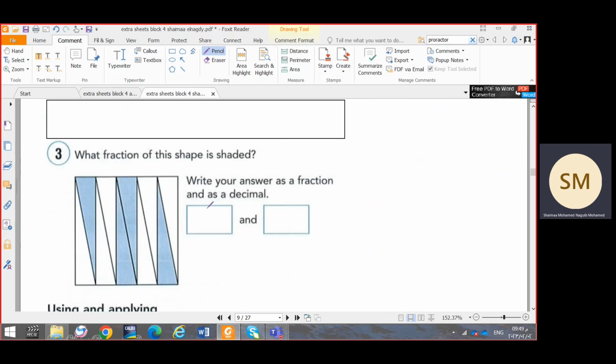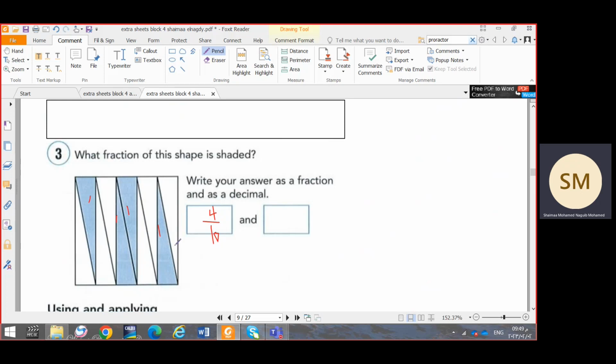Write your answer as a fraction and as a decimal. طيب احنا عندنا هنا هتلاقي you find 10 triangles. okay shaded what? This is the whole number. طيب shaded as what؟ عندنا 1 2 3 4 4 parts، يبقى 4 over 10.